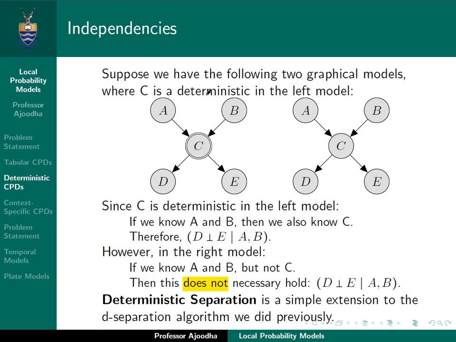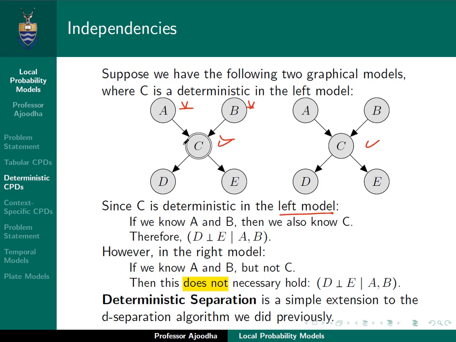So we use a double circle over a variable where there is a deterministic function. Since C is deterministic in the left model, you can see here it is deterministic, here it is not. If we know A and B, then we must also know C, because we simply put them into the function. So we treat it also as observed.